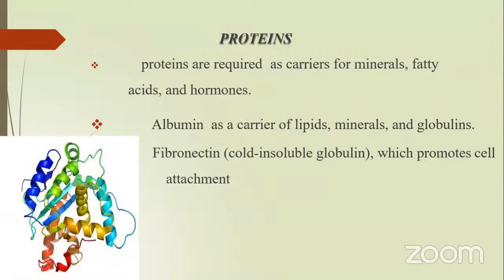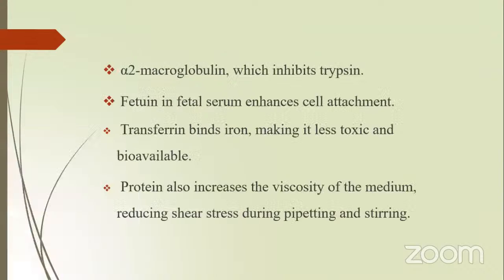Then we have proteins. Proteins are required as carriers for minerals, amino acids, and hormones. Like here you can see fatty acids. Albumin is a carrier for lipids, then minerals and globulins. And fibronectin, which promotes cell attachment. All these proteins are very important. Then alpha-2 microglobulin inhibits trypsin.